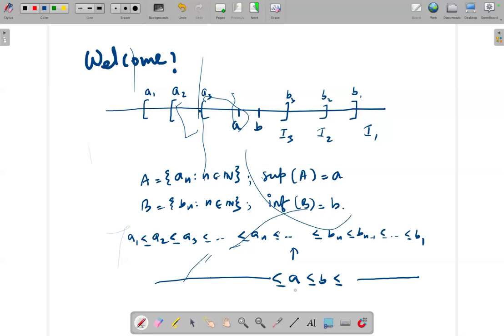What I intended, even if I assume that only A is there or A and B both are there, I do not need which one is bigger than which. Because what we have proved, if A and B lie in between the ANs and BNs, it simply means A belongs to all of the INs intervals, B belongs to all of the INs, and hence the intersection of the INs is non-empty.